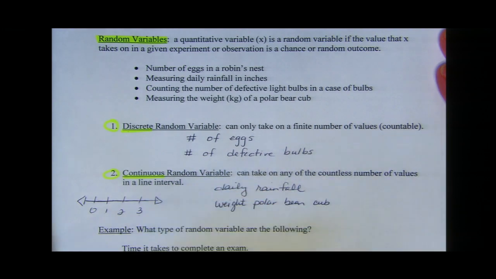Sometimes a scale will just show 125 pounds, but if it was more exact, you could weigh 125.2 pounds. So weight can be continuous as well.